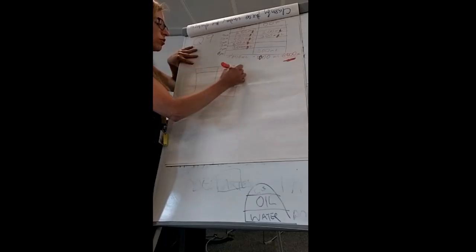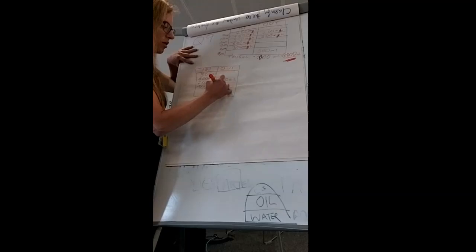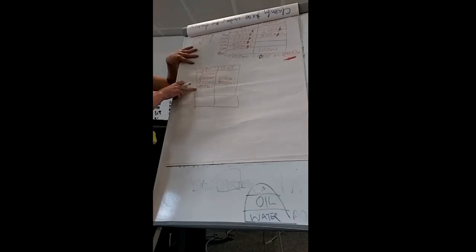Okay, so let's say in, out: 500 milliliter, 600 milliliter, 200 milliliter, 100 milliliter in, 200 milliliter out, 300 milliliter out. So how much did go in? 1,400 milliliters.